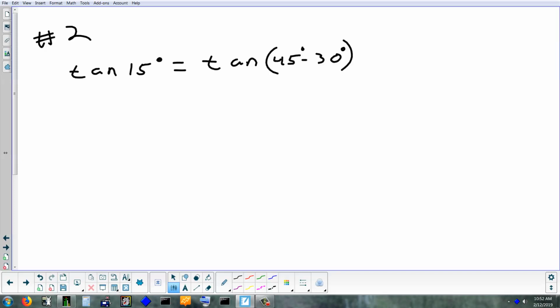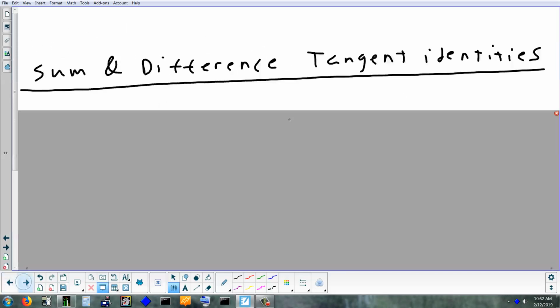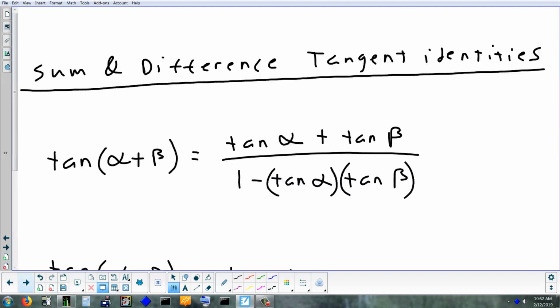I'm not sure what the tangent difference identity is off the top of my head, so I need to look it up. So tangent of a difference.